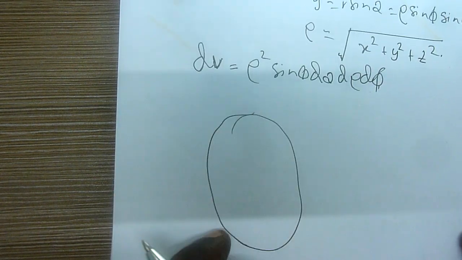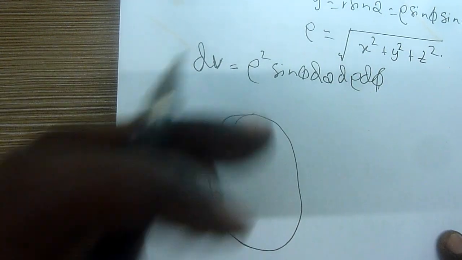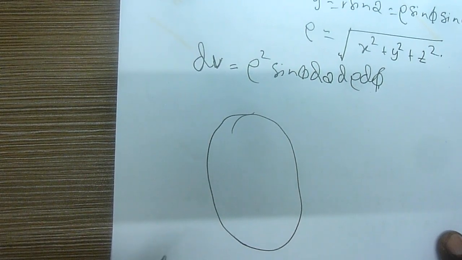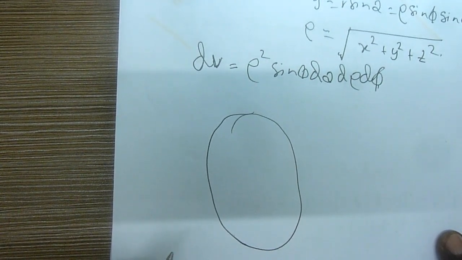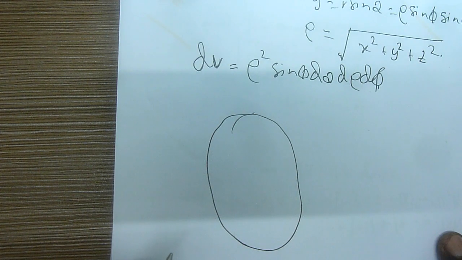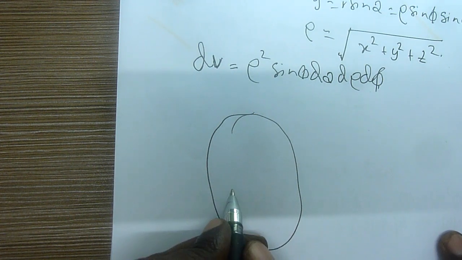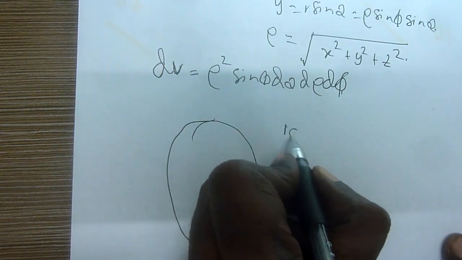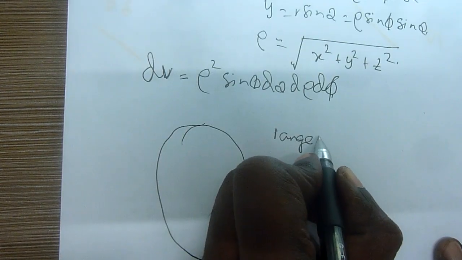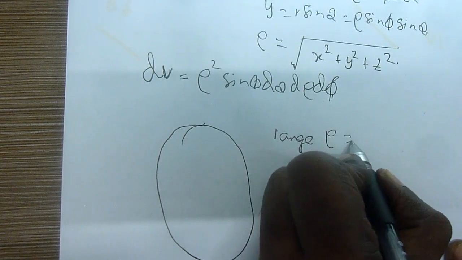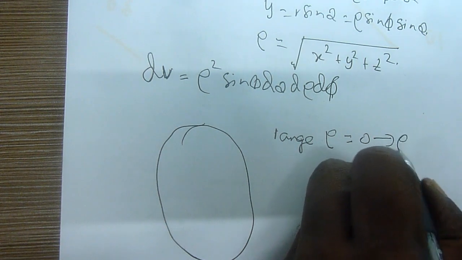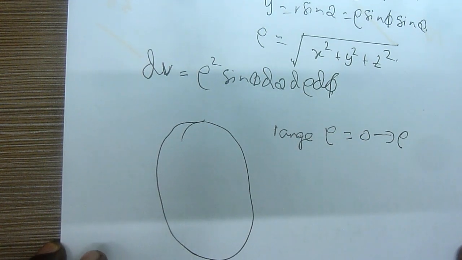I'm trying to make it a little bit like an elliptical kind of thing, huh? Actually when you take a range, the range works like this. The rho will go 0 to rho. It's very clear.